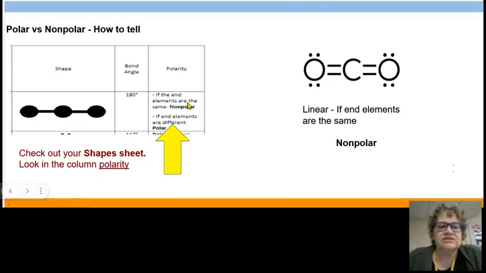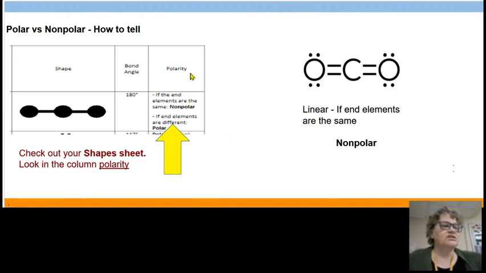Okay. And here it says, if the end elements are the same, it's non-polar. So because I'm looking at carbon dioxide here, I have an O on this end and an O on this end. That makes it non-polar. If the end elements are different, that makes it polar. Okay?